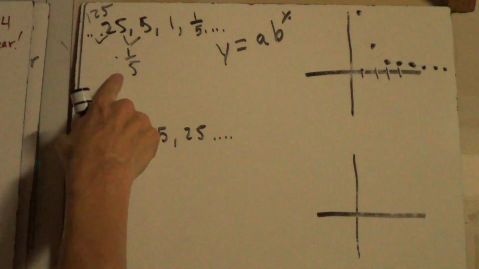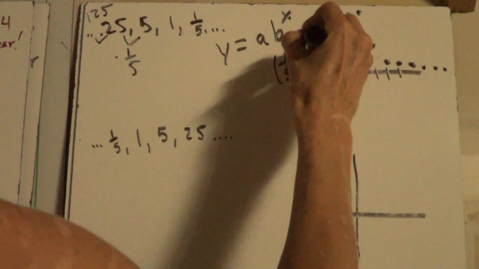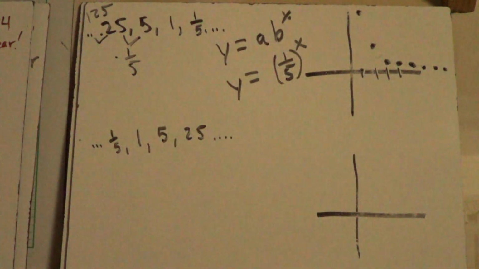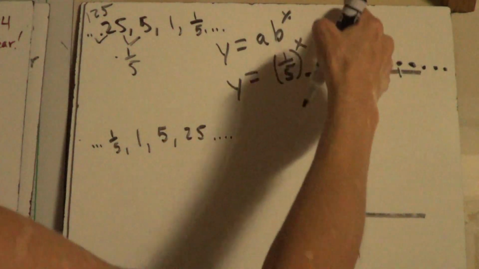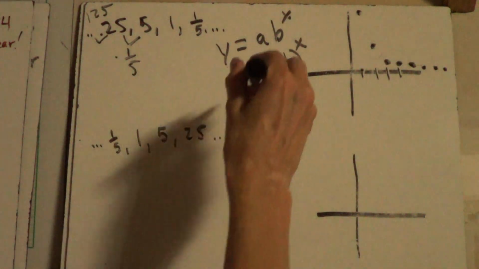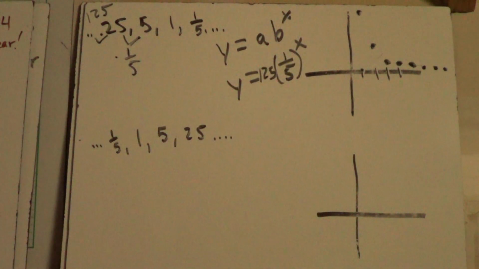Hopefully you're already saying the b would be 1/5, because that's our decay rate. And now to find the a, remember yesterday we said that you can go back to this y-intercept. That'll be your a value, so it would be 125. Okay? Questions at all, make sure to bring to class.